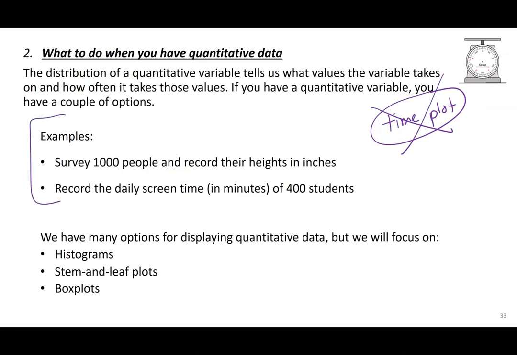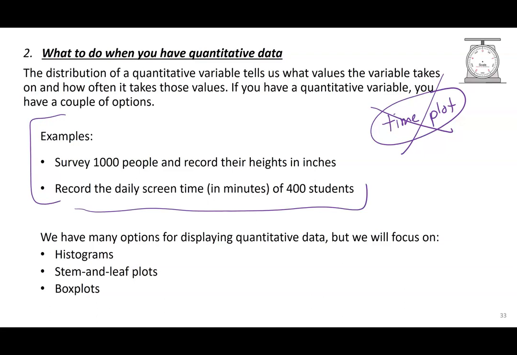So for example, before I was looking at categorical, now it's quantitative. I survey 1,000 people and record their heights in inches. So I have 1,000 heights. It's quantitative. I could average it. This is a quantitative variable. I could record the daily screen time in minutes of 400 students.